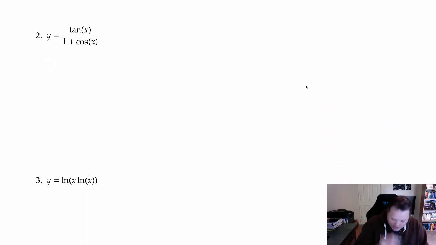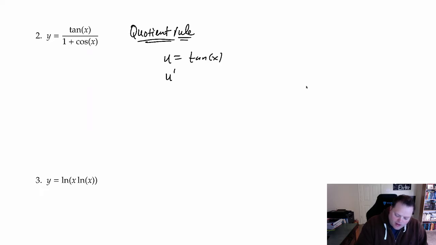All right, so this problem clearly is going to require quotient rule. So quotient rule, my u is tangent. My u prime, then, the derivative of tangent is secant squared. You do need to know that. You are expected to know that. V is 1 plus cosine. So v prime, the derivative of 1 is 0. The derivative of cosine is negative sine.